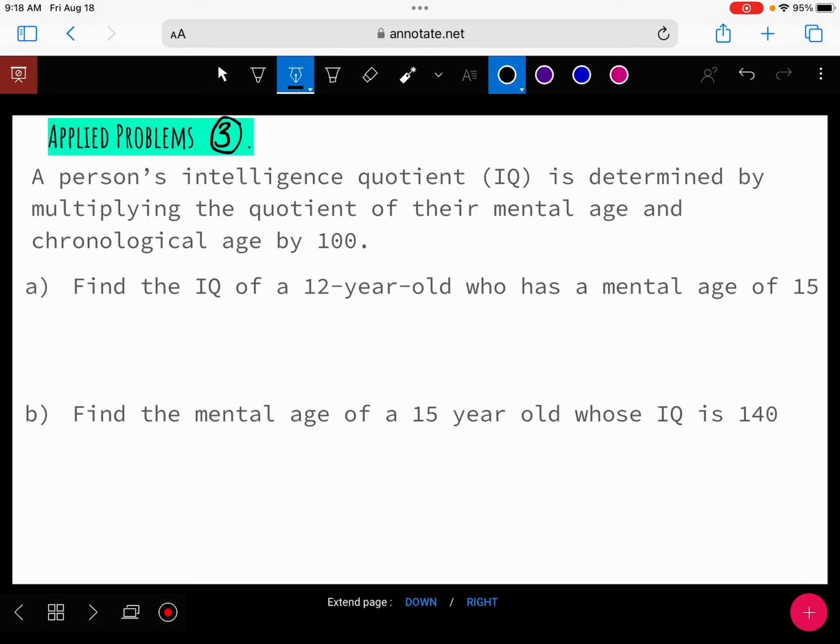So we've got a person's intelligence quotient, or IQ. That's what that means. I learned that this week. Is determined by multiplying the quotient of their mental age and their chronological age by 100. A lot of words. A lot of mathy words.